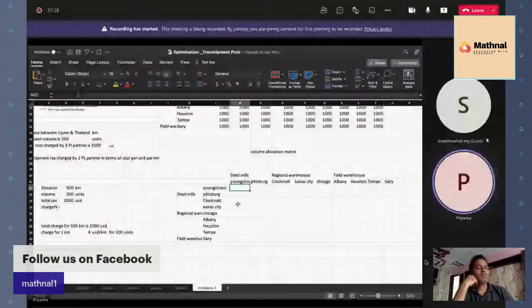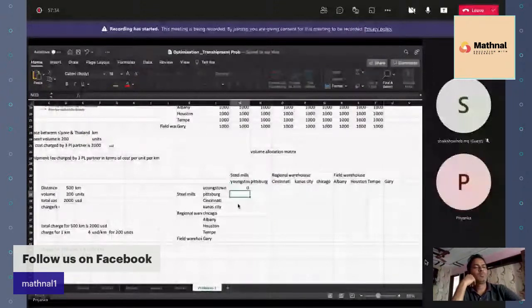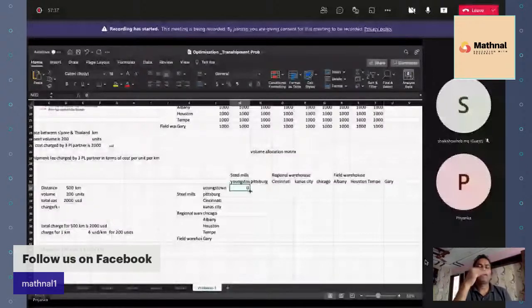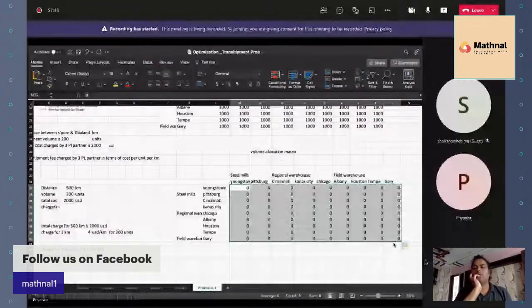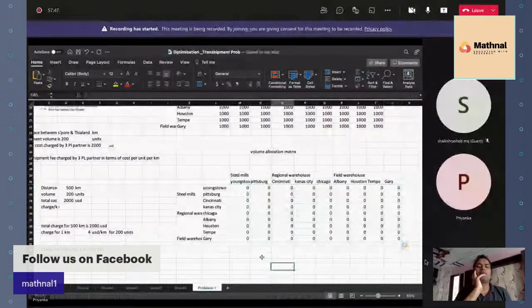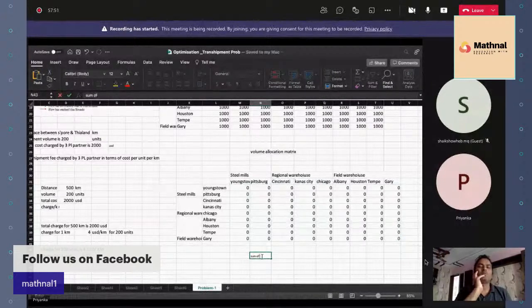Put 0, then drag that number from top to bottom and drag it horizontally. Okay, now we have to find our constraint. The first thing we do is find the sum of the rows and the sum of the columns. No, you don't have to write that. You have to find the sum of rows.